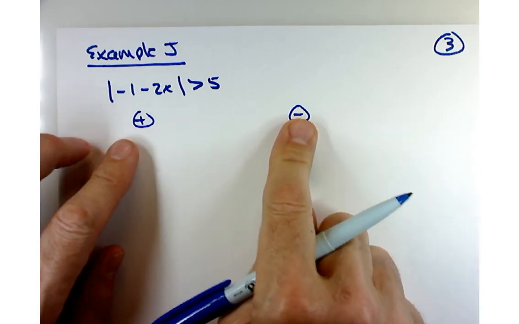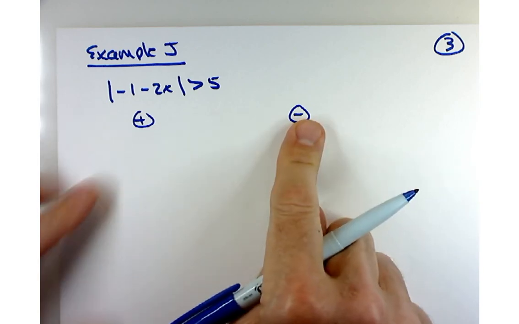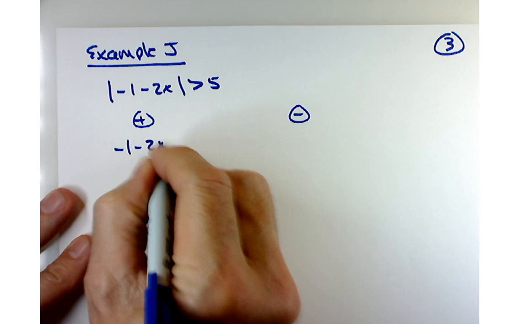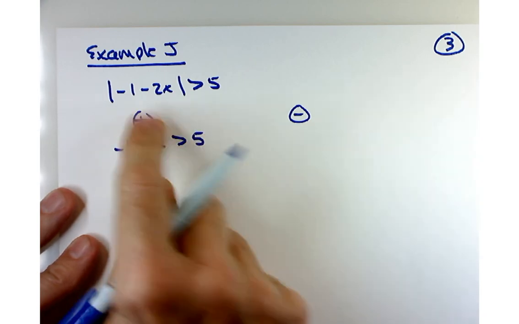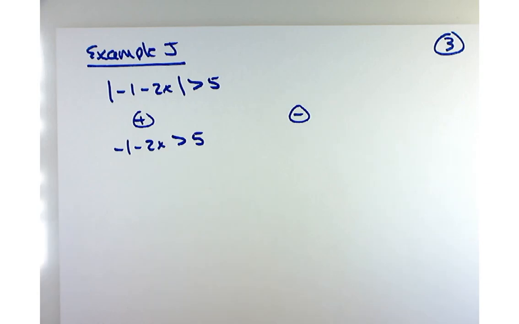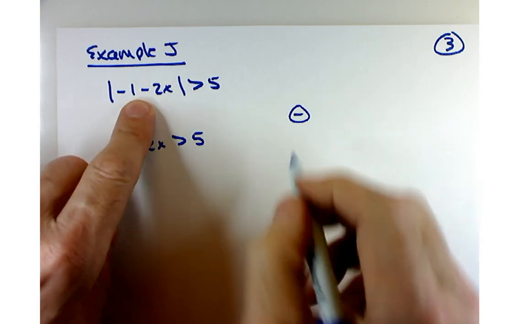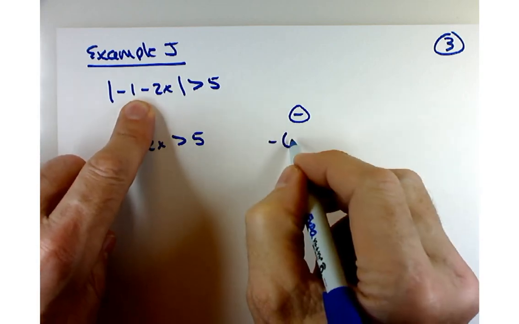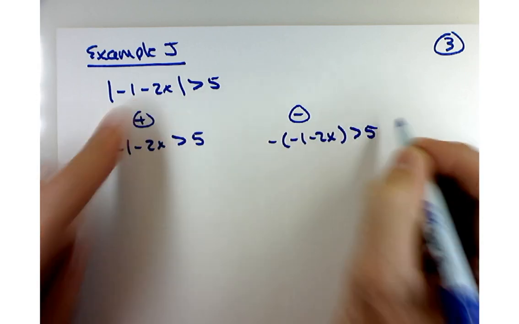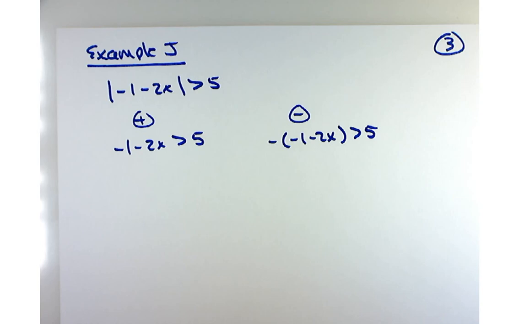When I grade your tests, I always look for a positive case and a negative case. The positive case, hopefully that's a no-brainer. That's just copying this down without the absolute value. If what's inside here is positive, you don't need the absolute value. But if what's inside here is negative, you're going to take the opposite to take it outside of the absolute value. So there's your two cases.